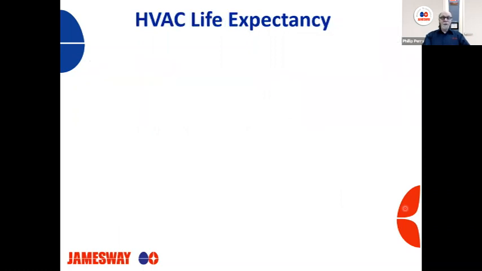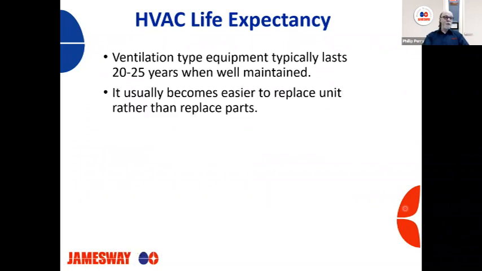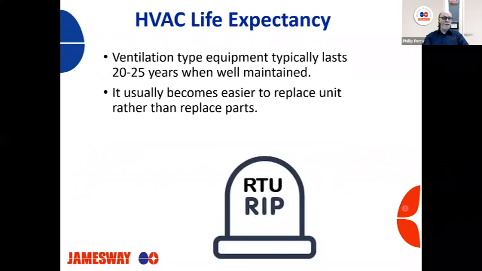So I was talking to a couple of engineers about the life expectancy of our heating ventilation units. Ventilation type equipment typically lasts 20 to 25 years, and that's when it's well maintained. And it usually becomes easier to replace units rather than replace parts. A lot of times the gas heat exchanger, if you're using gas, seems to be a weak point.